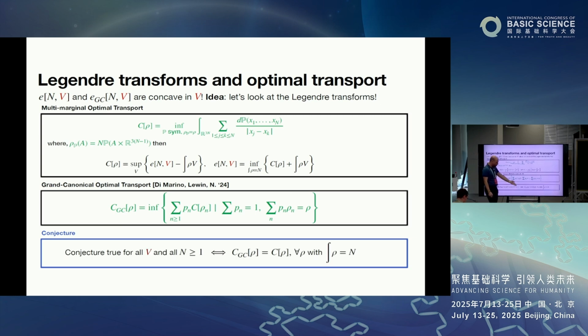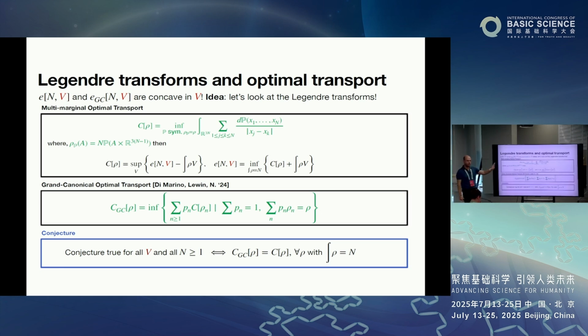The conjecture is true if and only if the values of these two problems coincide for any rho such that the total mass of rho is equal to n. So you see that now I do not have to find the V, I just have to find the rho such that the two energies do not coincide, and then I take the corresponding V by using duality. And that's the way I can disprove the conjecture.